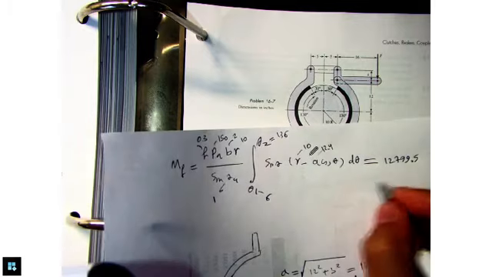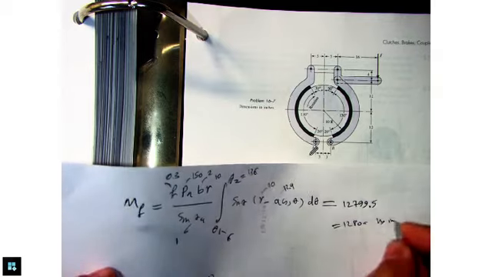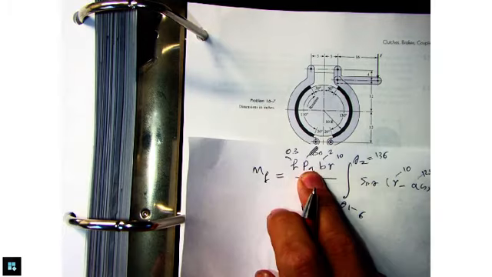If you did that, you're going to get 12,799.5. You can maybe round it to 12,800. The unit is going to be pound inch because I had the pressure in psi and everything else in inches.